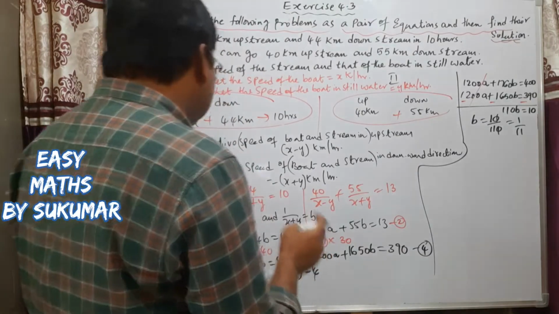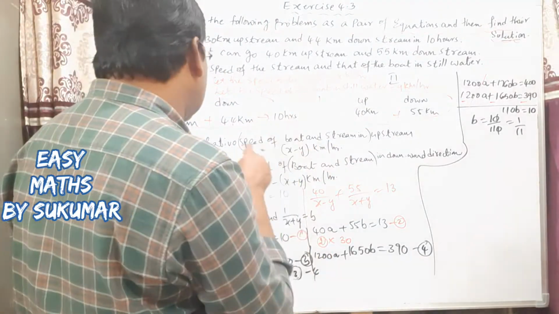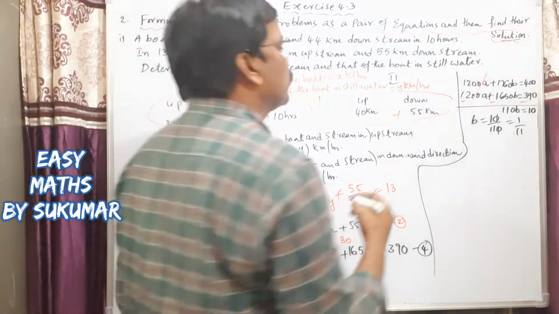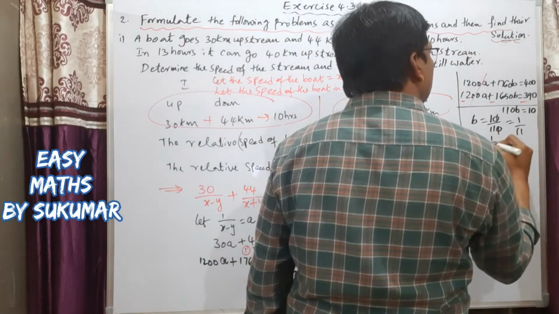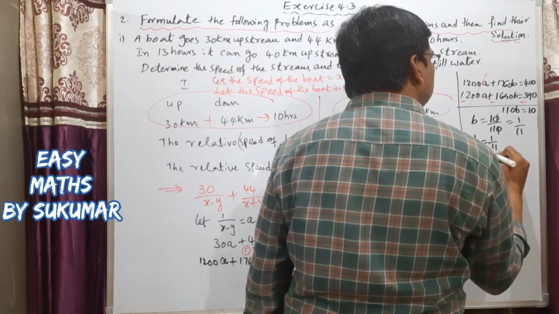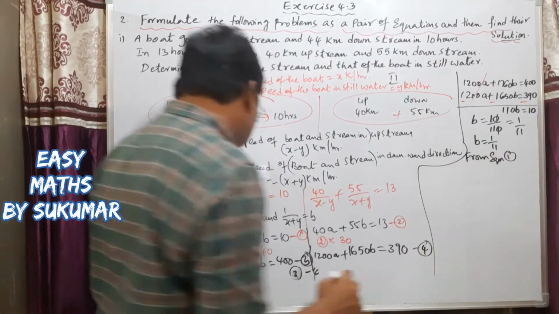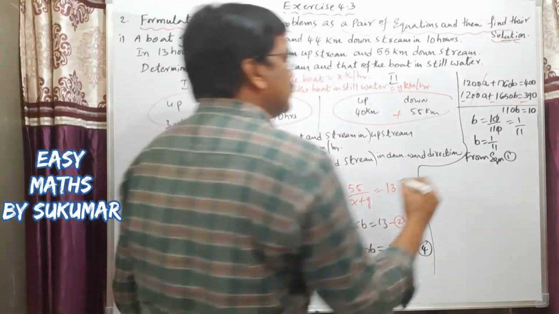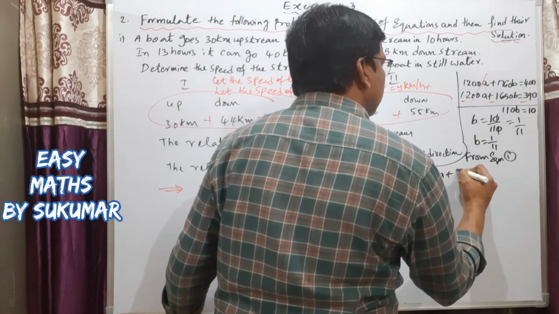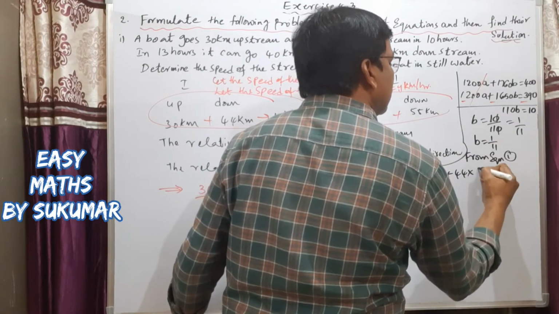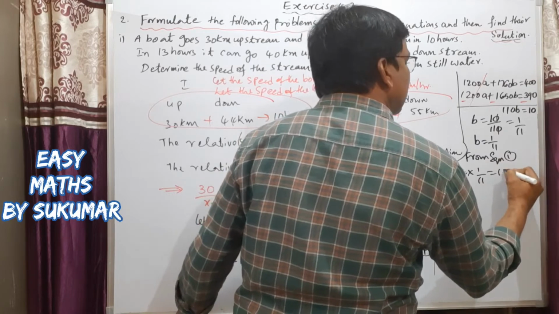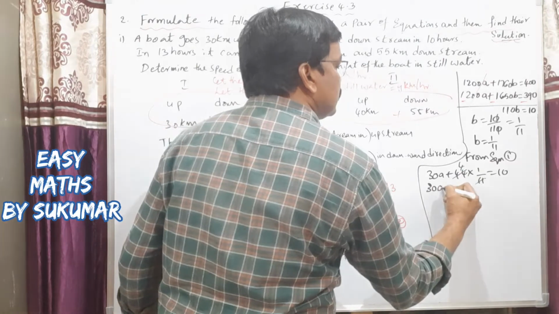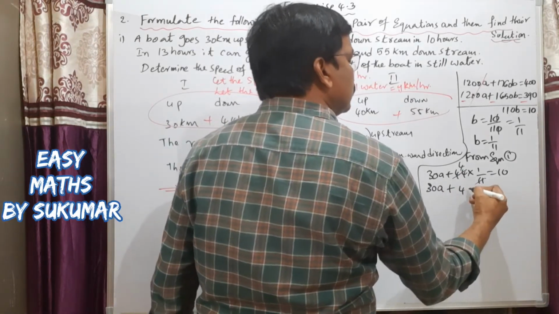Now let us substitute b equals 1 by 11 in either equation 1 or equation 2. From equation 1, 30a plus 44b equals 10. So 30a plus 44 into 1 by 11 equals 10. Here 11 in 44 goes 4 times, so 30a plus 4 equals 10.